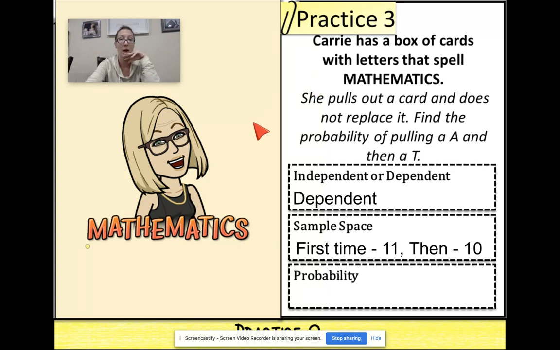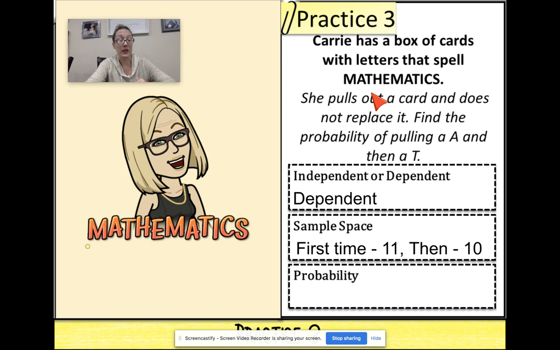So let's talk about probability. We want to know first draw. First time she's got 11 cards. What's the probability of pulling an A? Well, how many A's are there? 1, 2. So the first time she pulls out of there, the probability of pulling an A is 2 out of 11. Now she sticks her card to the side. She now has 10 cards.